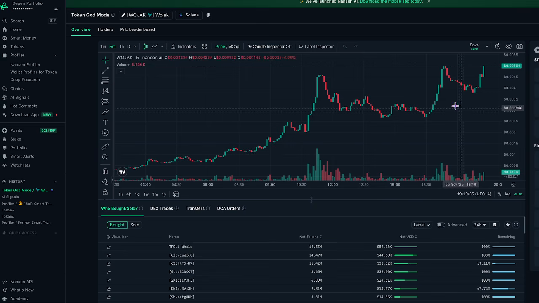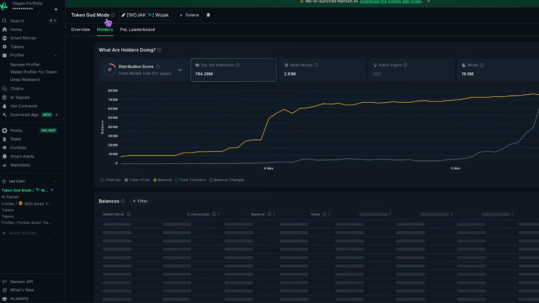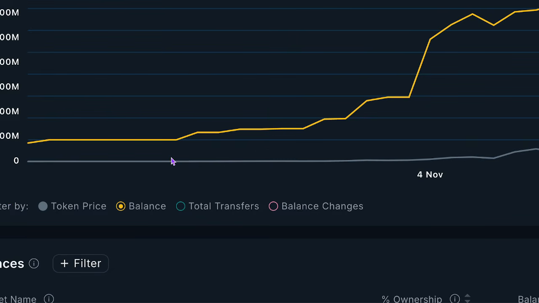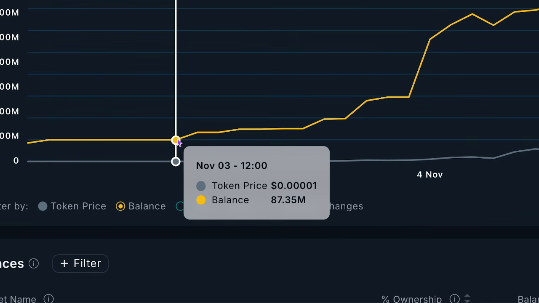But if you look at this, you can see the accumulation is taking place, and we can go specifically to any token, right? So what do you notice here? The yellow is the balance of tokens, right? The gray is the token price.